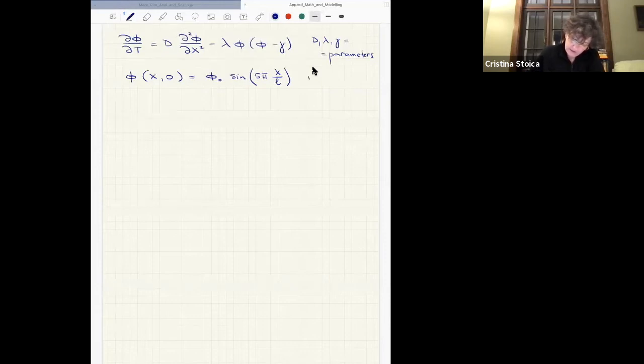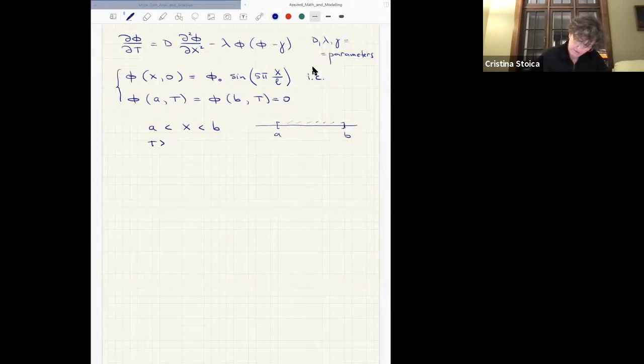So this is the initial condition, and then we have the boundary conditions given in this form. This equation is set up for x in between a and b, that's why we have a and b at the edges here, and let's say t is positive.